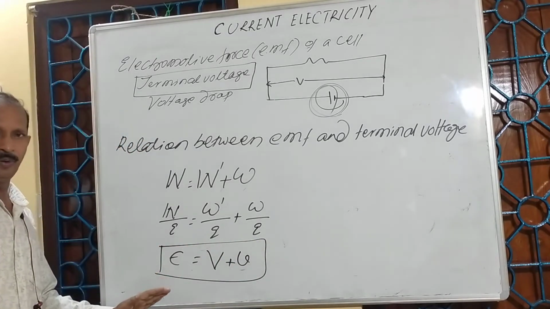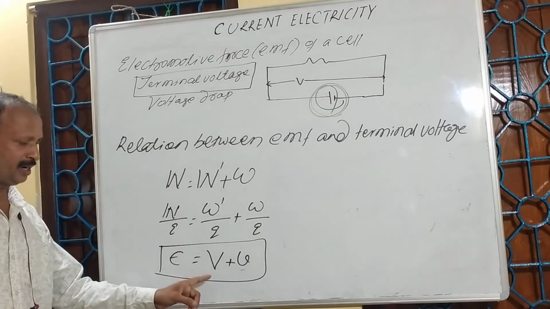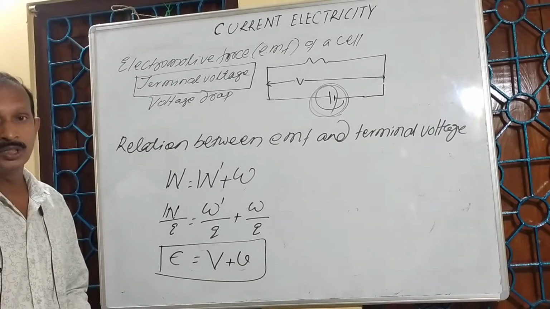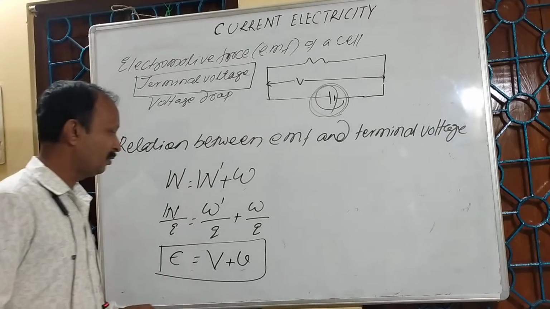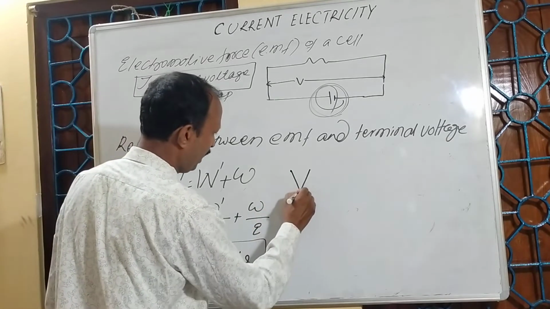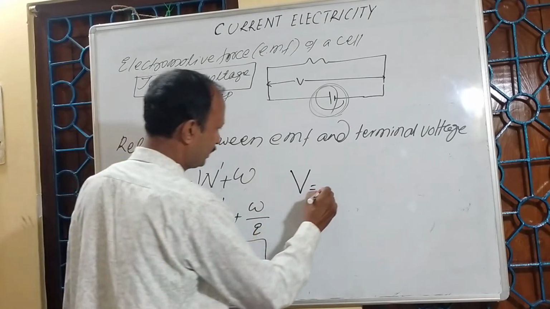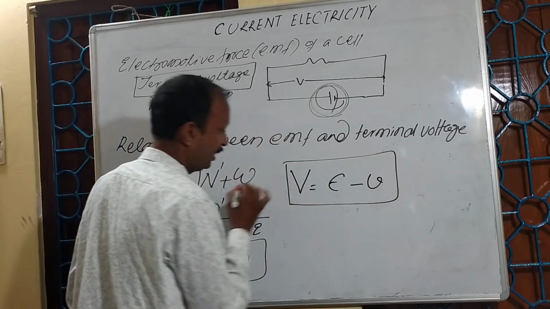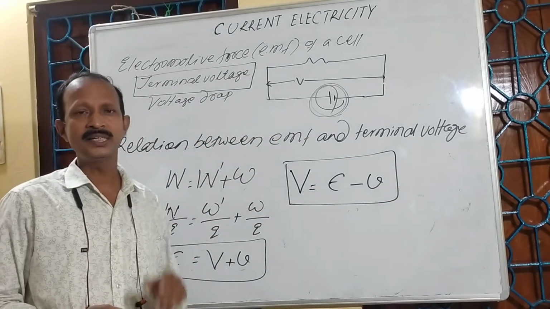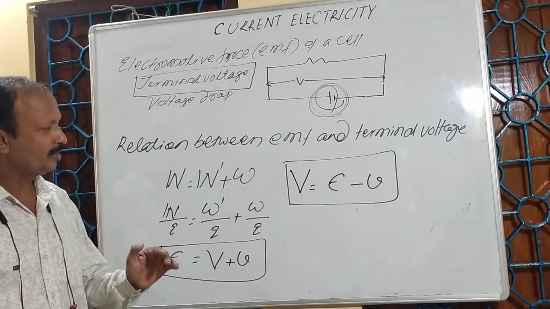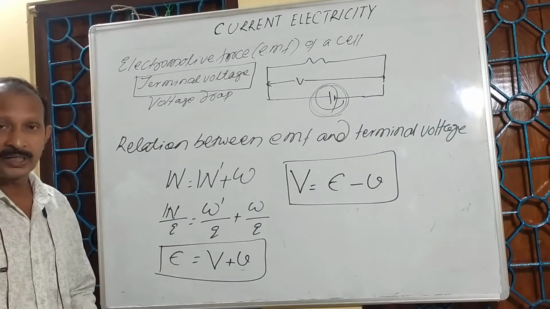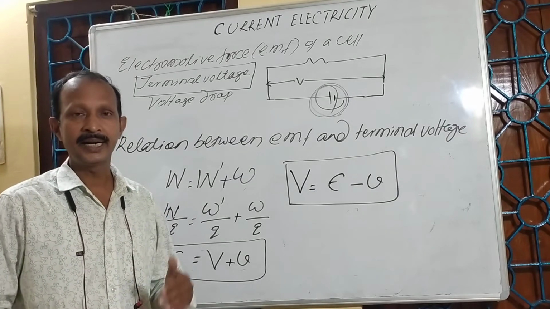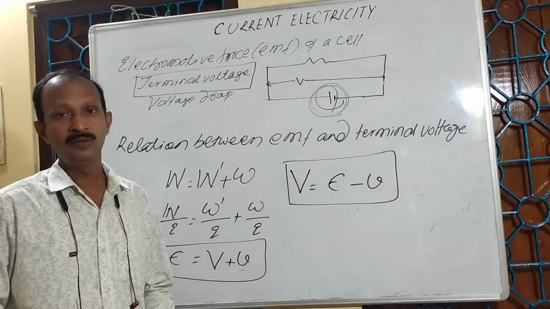Electromotive force is the sum of terminal voltage or potential difference and the voltage drop. So if I want to write the terminal voltage form, I can write epsilon minus v. You can mention it this way. So from this it is clear that electromotive force is greater than terminal voltage.